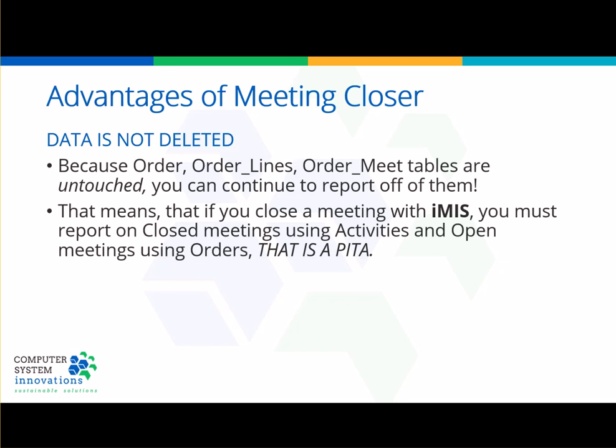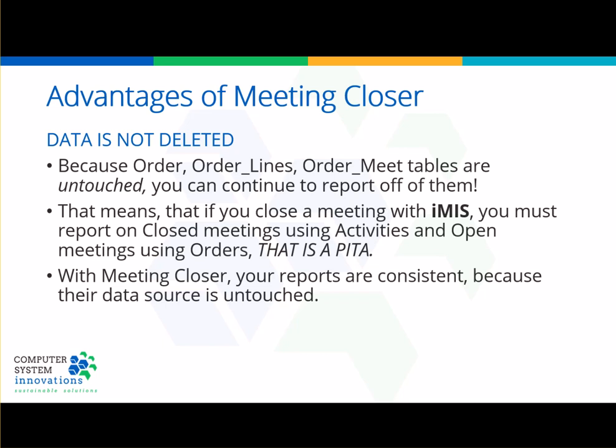So if someone hasn't closed a meeting from January, you better know that that's in the orders table, but they decided to close a meeting from February. Well, that data is now in the activity table. So the great part about Meeting Closer is that you're going to be able to continue to report off of the data in orders, order meet, and order lines. It's untouched.